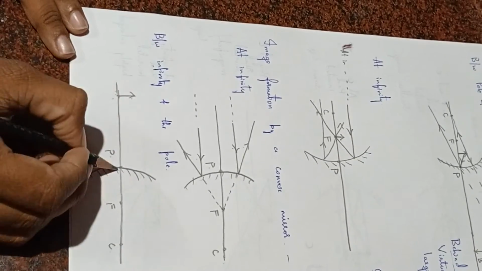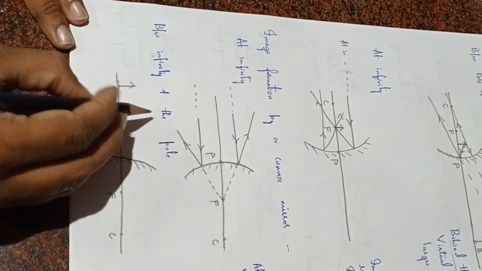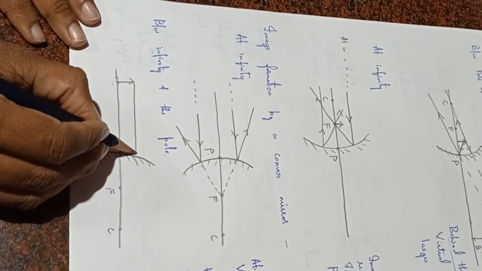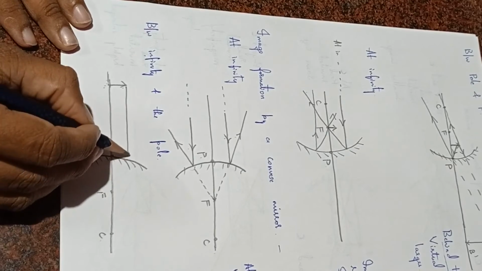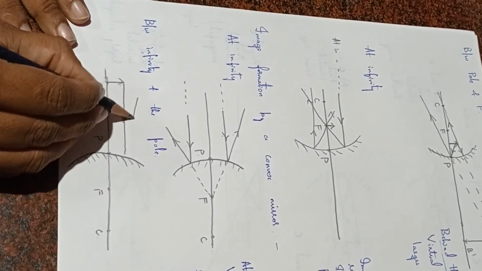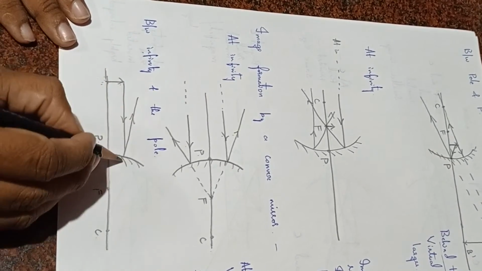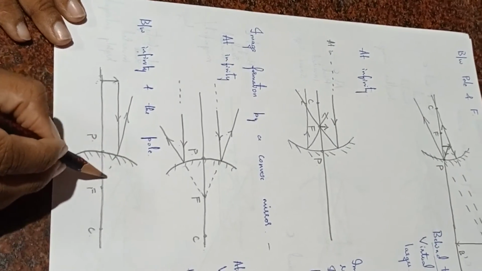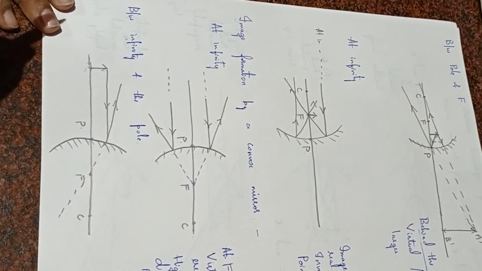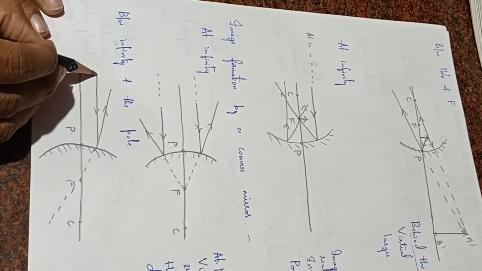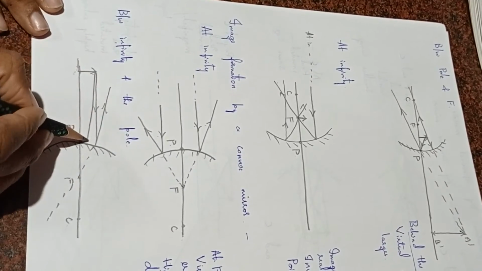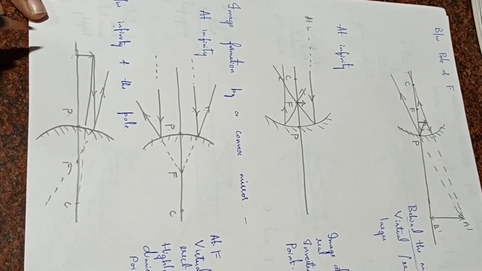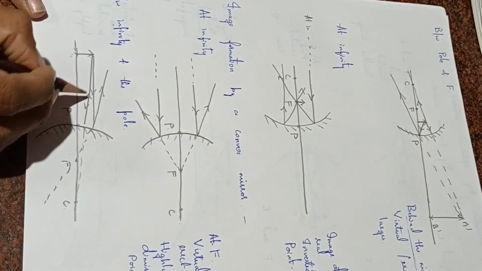As the rays fall on the mirror, after reflection, it passes over the focus. One more ray goes directly towards the center of curvature and passes back along the same path.